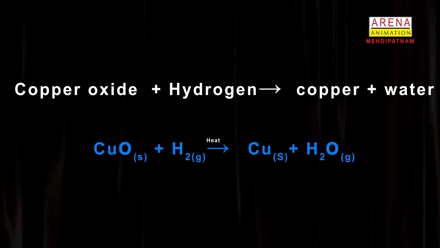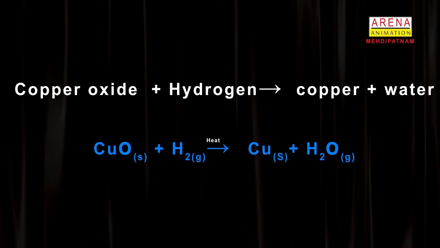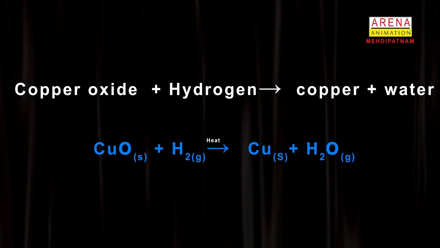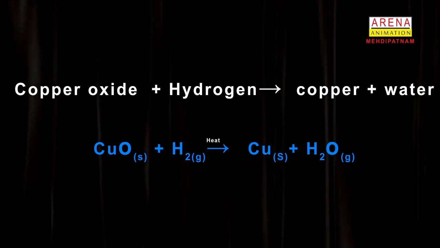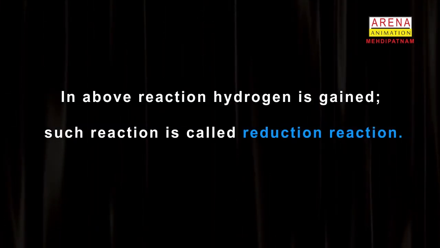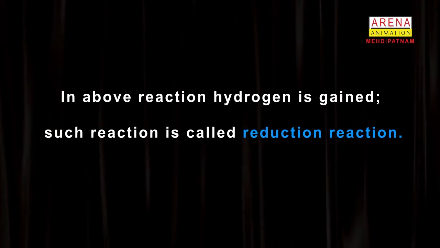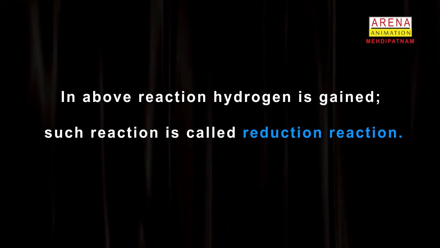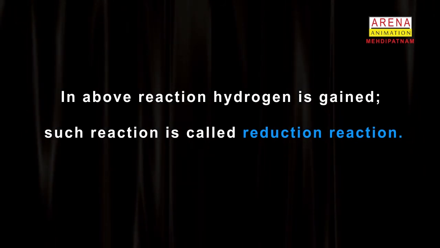So, the chemical equation is copper oxide plus hydrogen gas gives copper plus water. In the above reaction, hydrogen is gained. Such a reaction is called a reduction reaction.